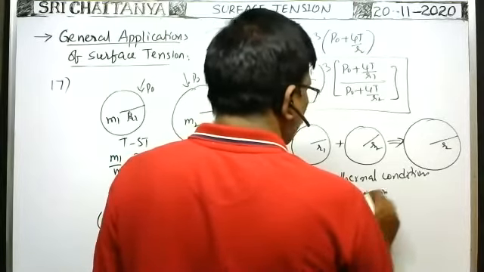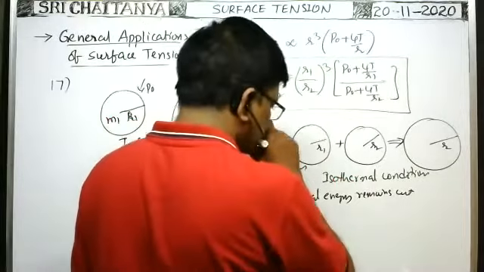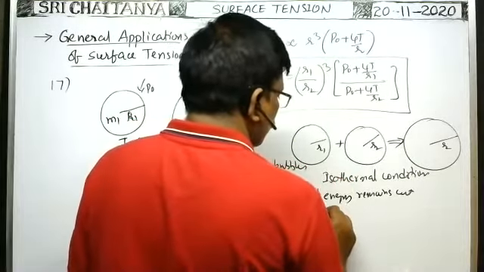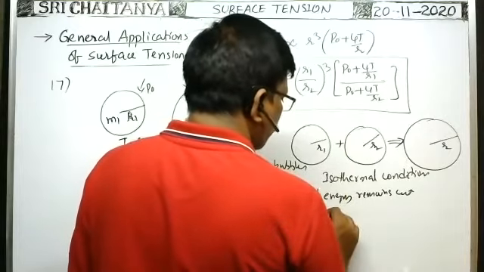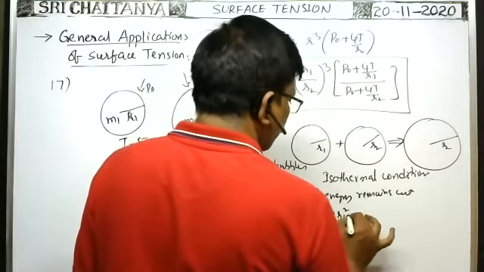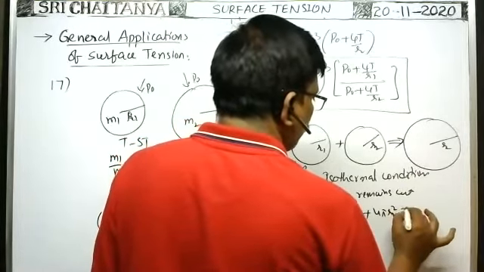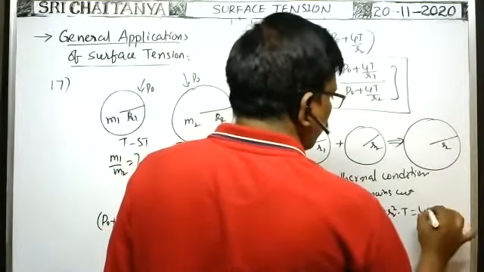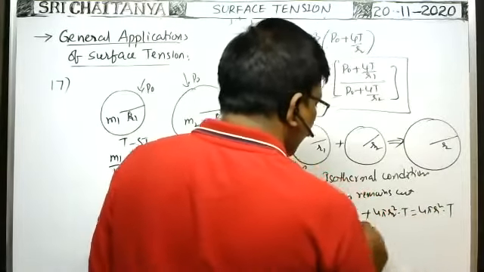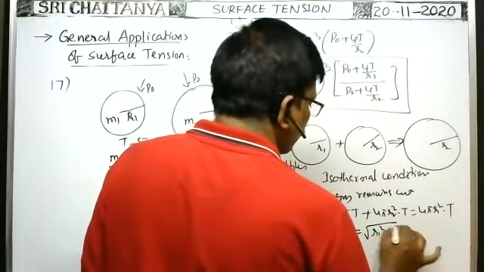In isothermal condition, the energy of this one, with surface area 4 pi r1 square, into surface tension, plus the energy of this, 4 pi r2 square into T, is equal to the energy of this, 4 pi R square into T. Therefore R is equal to the square root of r1 square plus r2 square.